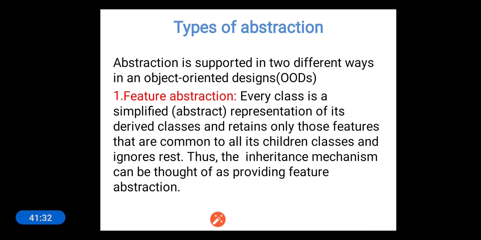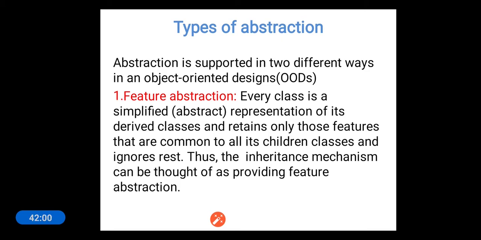In inheritance we have seen that a generalization-specialization relationship exists, and that kind of relationship is provided by feature abstraction. Thus the inheritance mechanism can be thought of as providing feature abstraction.